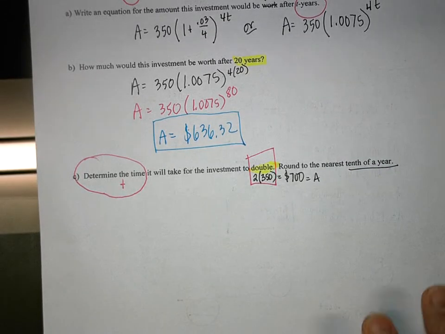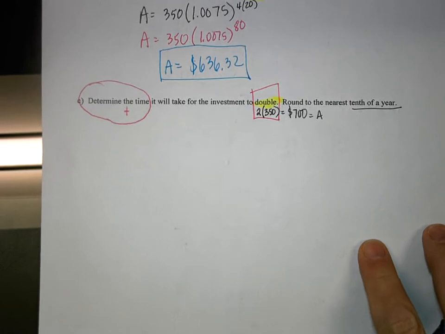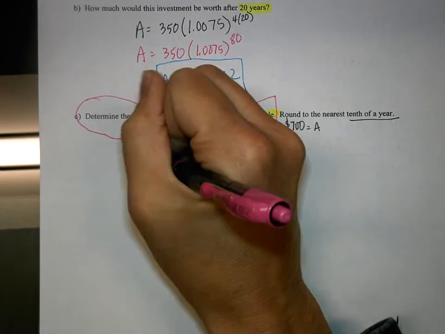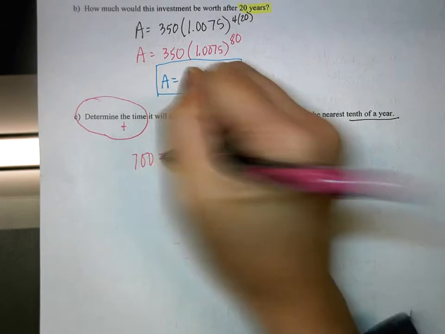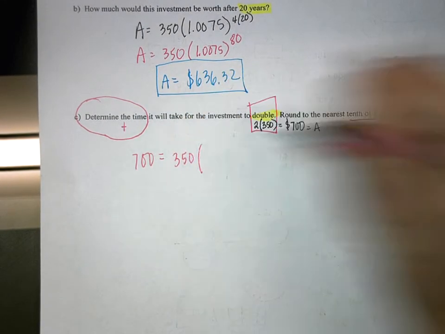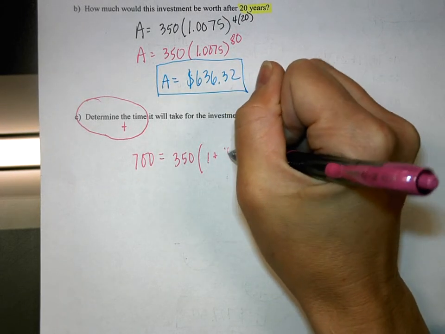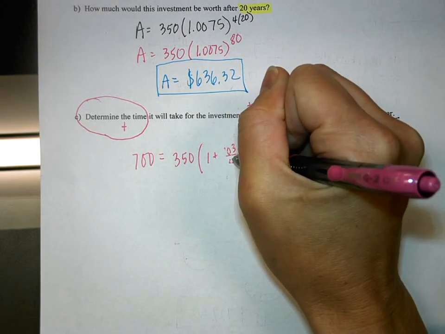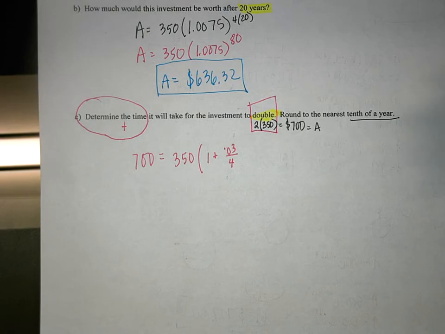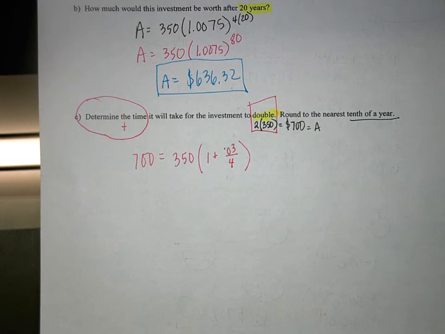Okay. How will we write this one out? 700 equals 350 times (1 plus 0.03) over 4, because it's still compounded quarterly for this problem. And then it's raised to the 4t.